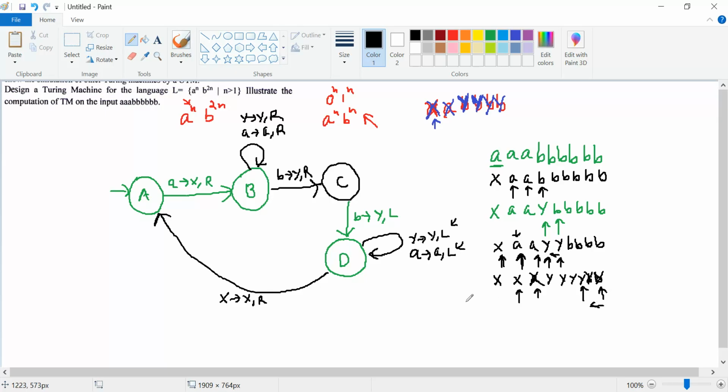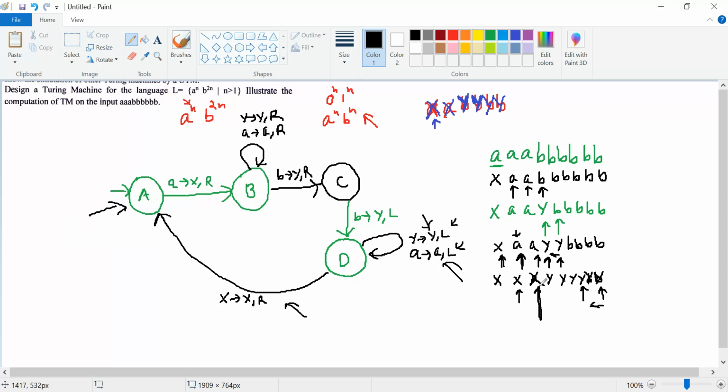So when you move left, you skip all the Y's, you keep moving left, and then you're not seeing any A's now, right? When you see X, you move right, you reach here, you reach here.